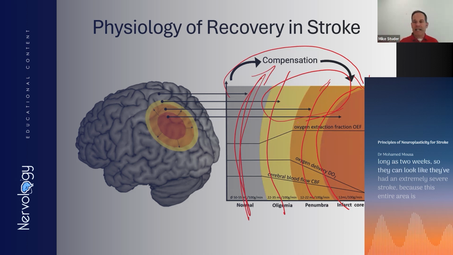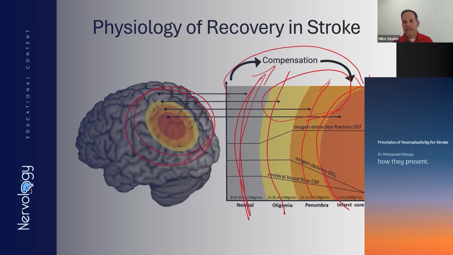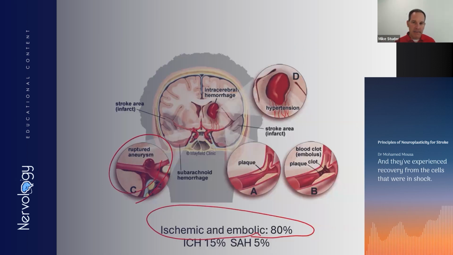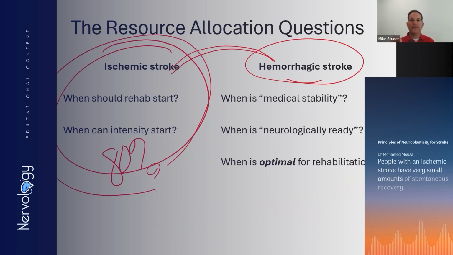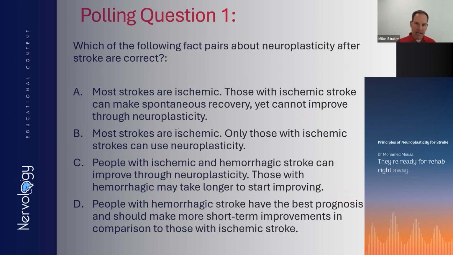So they can look like they've had an extremely severe stroke because this entire area is how they present. But 2 weeks later, they might only look like this, and they've experienced recovery from the cells that were in shock. People with an ischemic stroke have very small amounts of spontaneous recovery. They're ready for rehab right away.